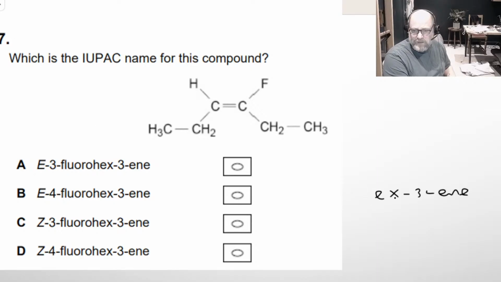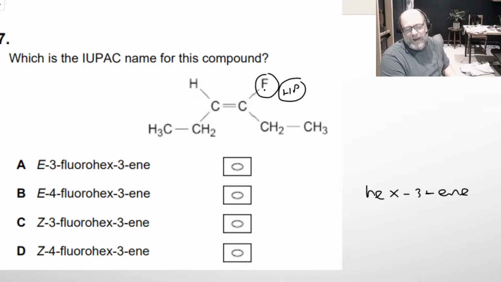So hex-3-ene, and then what we want to do is say, this is high priority, believe it or not. This might confuse a few people, but that is high priority. Why? Fluorine has an atomic number of 9, and carbon has an atomic number of 6. So fluorine beats carbon, and so that is high priority.